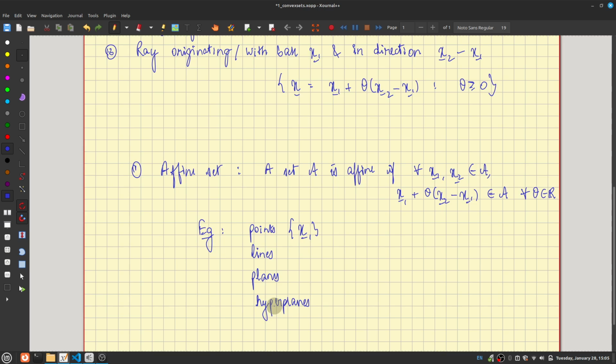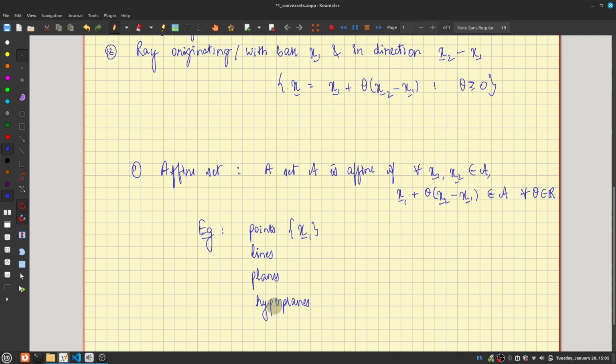Are there any other kinds of affine sets that you can construct other than points, lines, planes, hyperplanes in general? Is a circle affine?